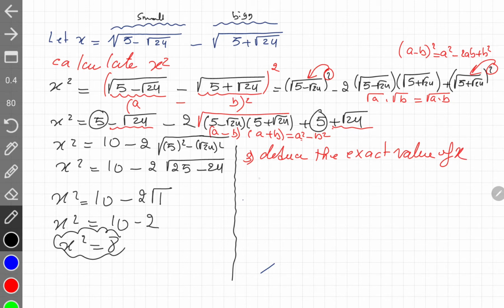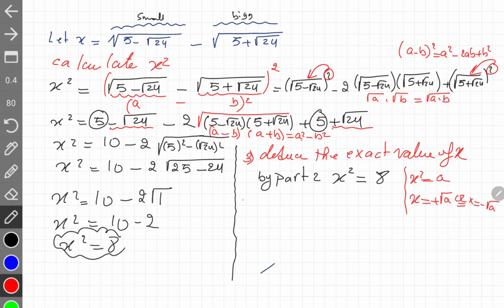We know that by part 2, x squared is equal to 8, and we know that we have a rule: if x squared is equal to a, then x is equal to plus radical a or x is equal to minus radical a.